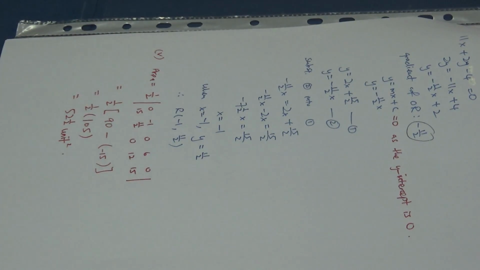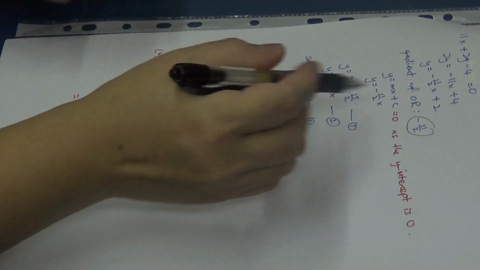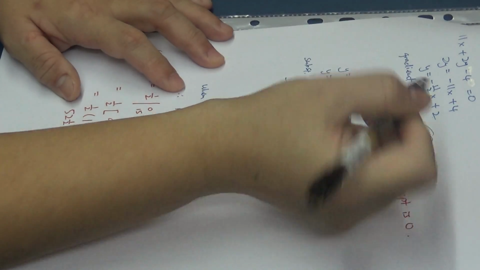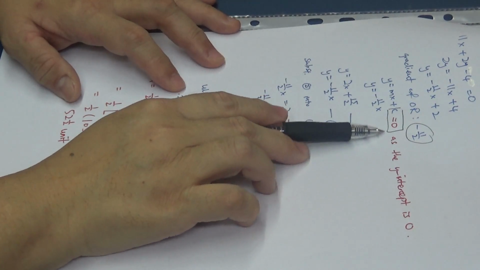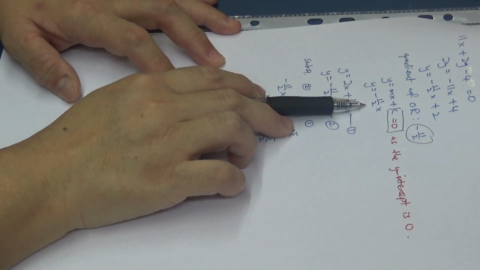Now, look at the line OR. It passes through the origin. Therefore, c must be 0 because the y-intercept is 0.